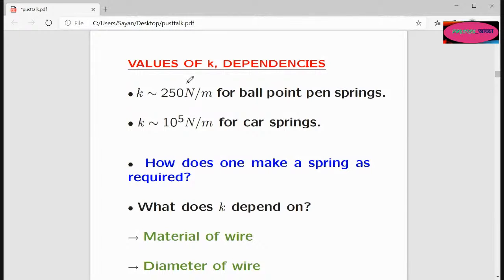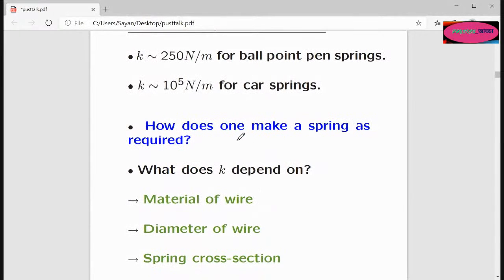The unit of a spring constant is Newton per meter. Similarly, for car springs, it is about 10 to the power 5 Newton per meter. So how does one make a spring as required? That's the question. And to answer that question, you obviously need to know what this K depends upon.